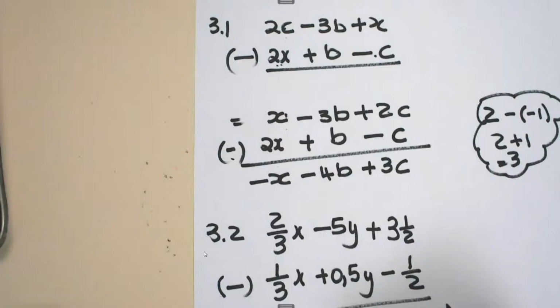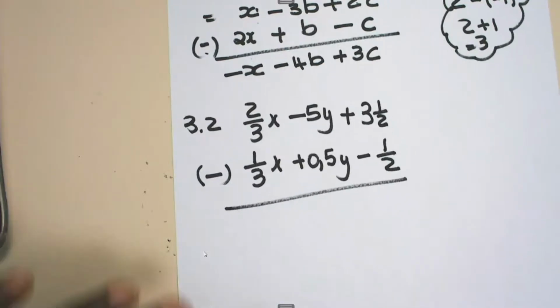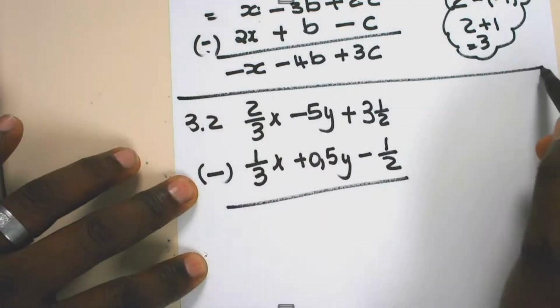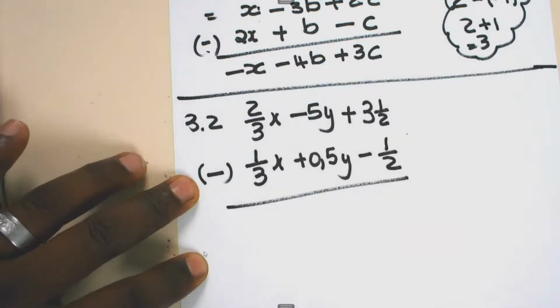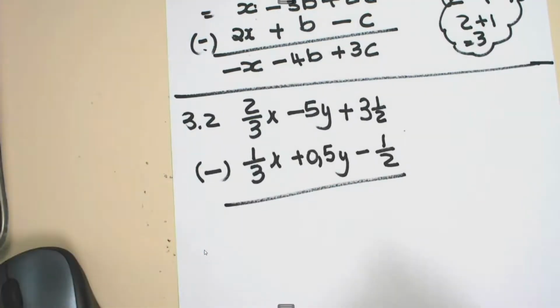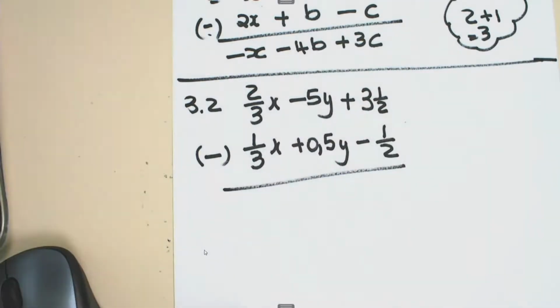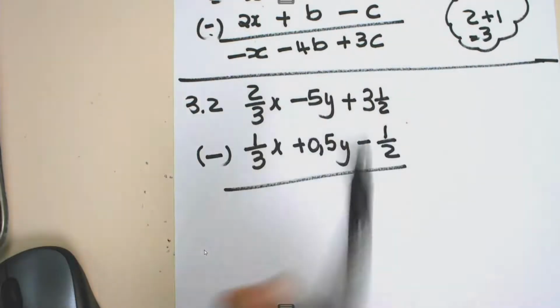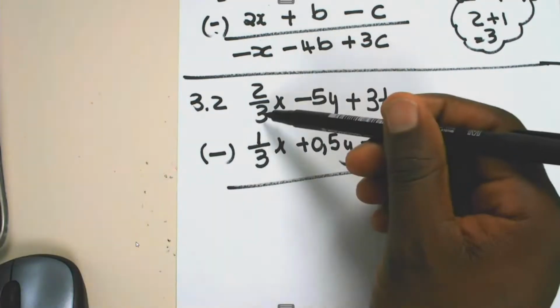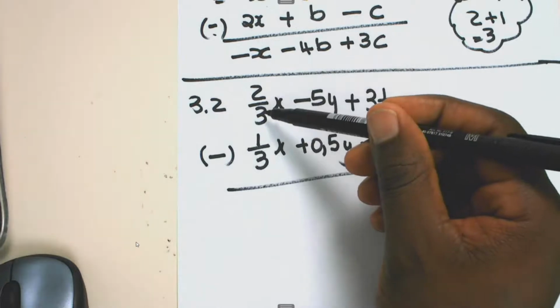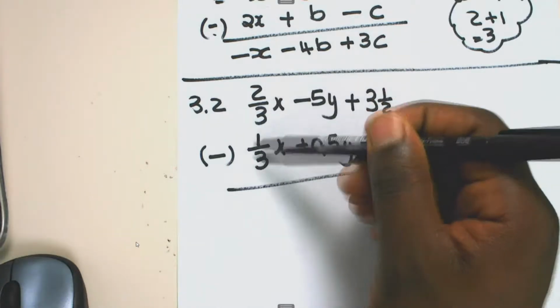It is going to look like this. Can you see this one? We have to subtract now. We have to subtract 2 out of 3 minus 1 out of 3. All right? 2 out of 3, it's 2/3. You subtract 1/3.